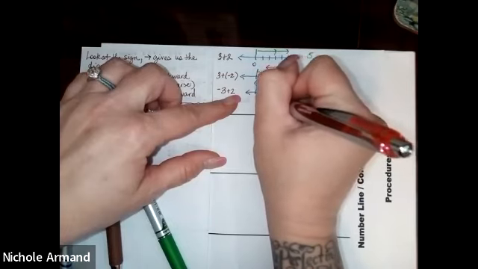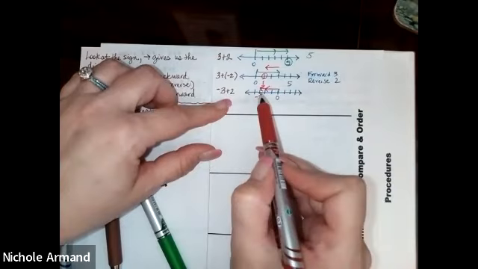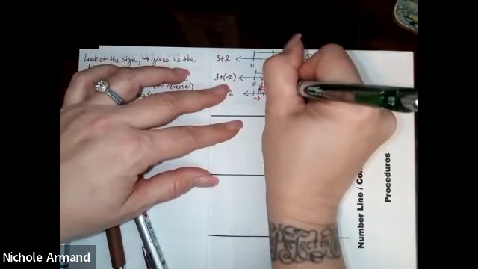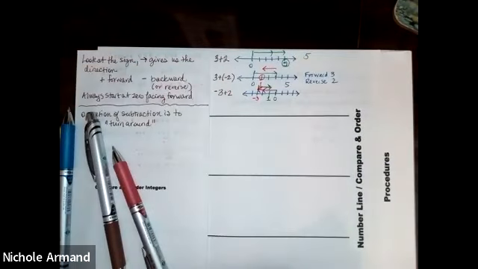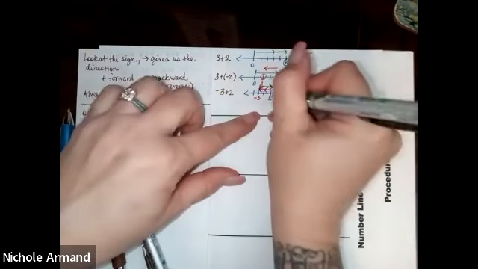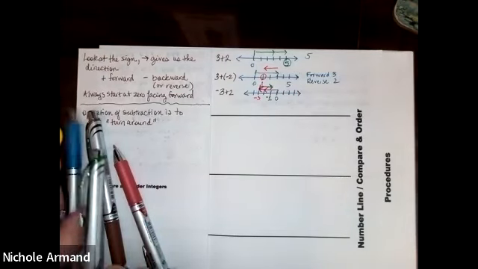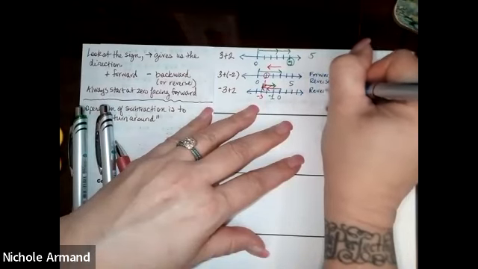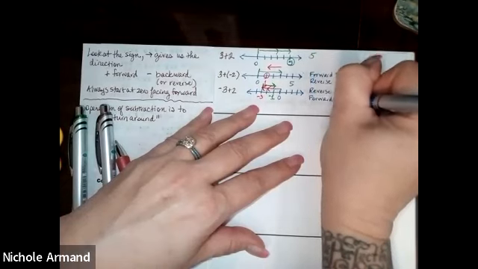There we go. That's -3. Then I am going to go forward 2 spaces. 1, 2. And I end up right here at -1. So -1. And this time we went in reverse 3, then forward 2.